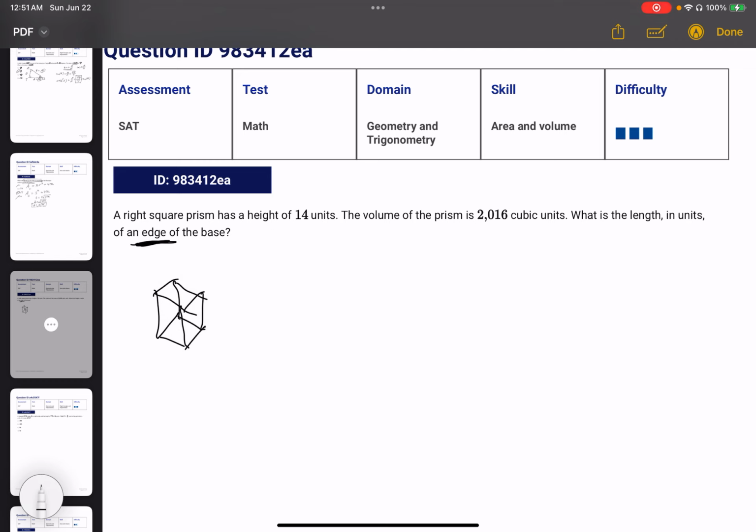So it's given the height, and then we have a side. So we know that the volume of this figure is equal to s squared times h. So the volume of this square on the bottom or on the top, same deal, times the height of the prism. And we know that the volume is also equal to 2016 cubic units.